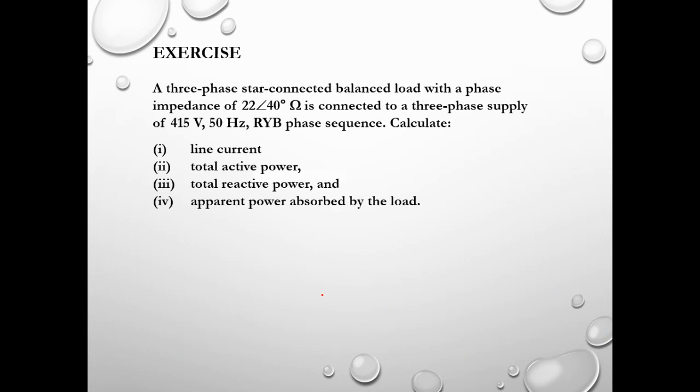Exercise: a three-phase star connected balanced load. This is what we have seen earlier, about the same thing, but you have to play around with the new value of phase impedance as well as the three-phase supply. You can try it yourself.